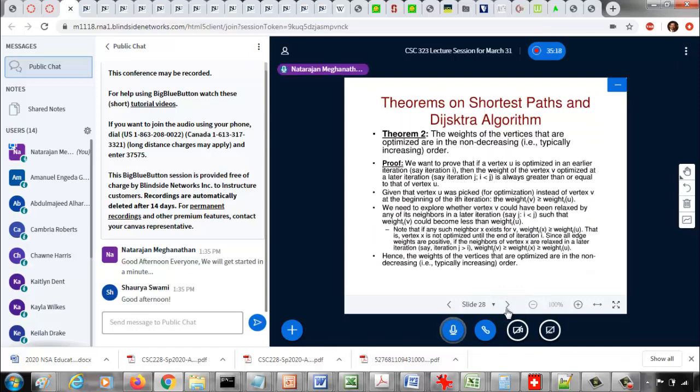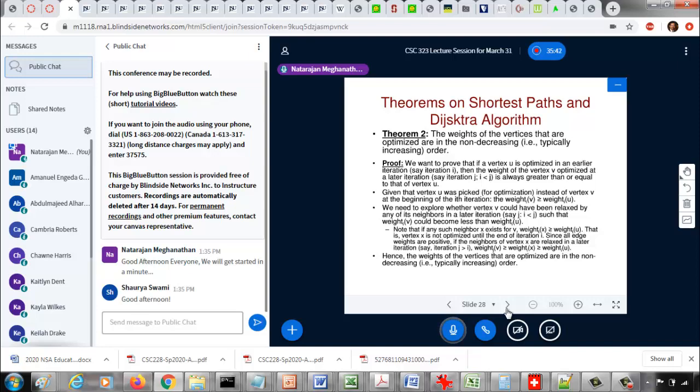So how are we proving this? We are going to pick two vertices u and v such that u was optimized earlier in some iteration i and v was optimized later in some iteration j. What we are going to show is that the shortest path weight of v is always greater than or equal to the weight of u.